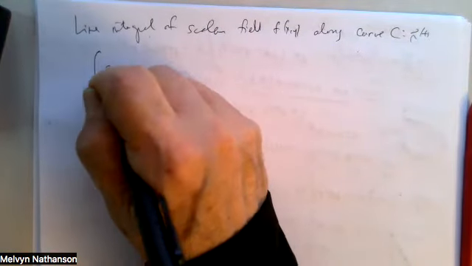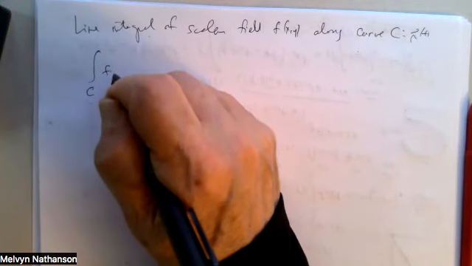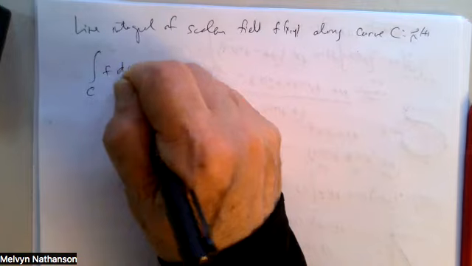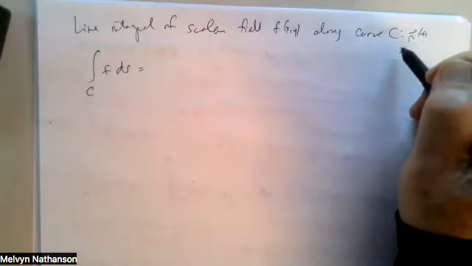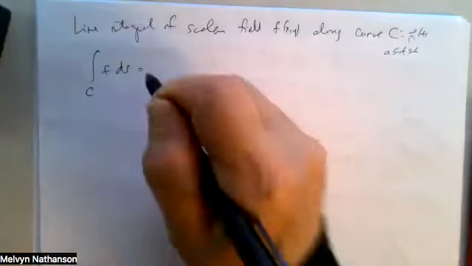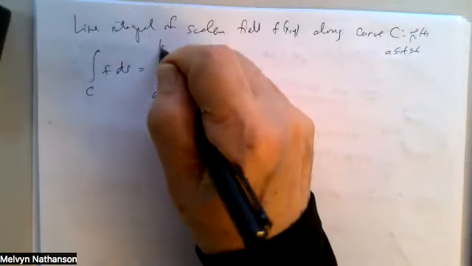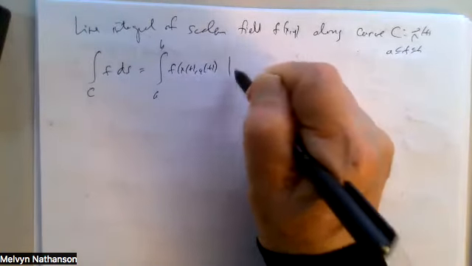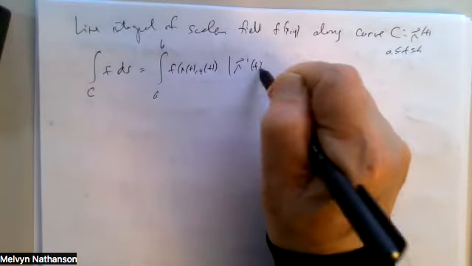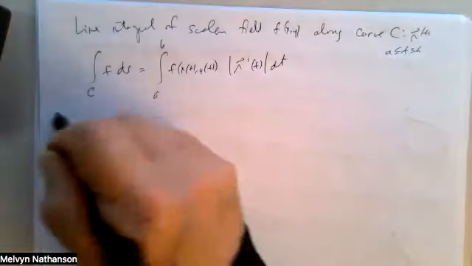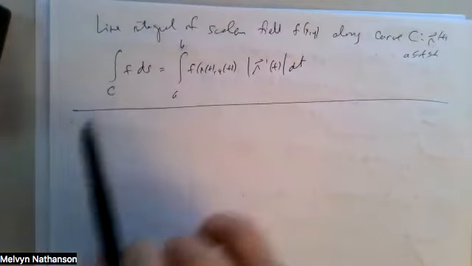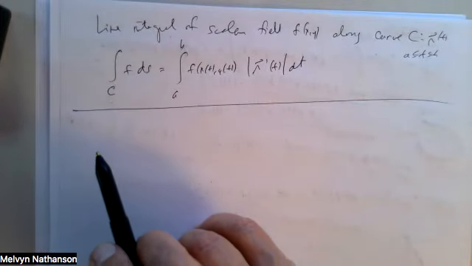The integral over C of f of x, y ds, with r of t, t going from a to b, is the integral from a to b of f of x of t, y of t, times the absolute value of the length of the tangent vector, dt. So this is the formula for the line integral of a scalar field.